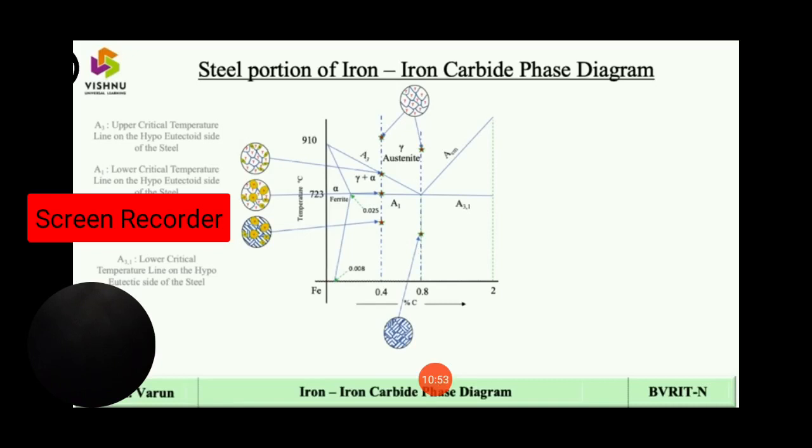On either side of this carbide, it will form ferrite with only 0.025 percentage of carbon, and that forms alternate layers of ferrite cementite network, which looks like a laminar structure.